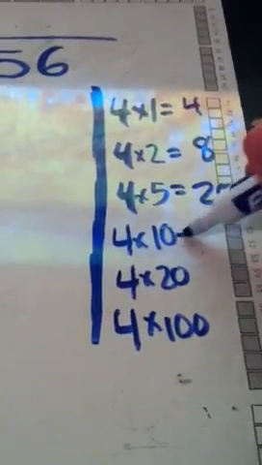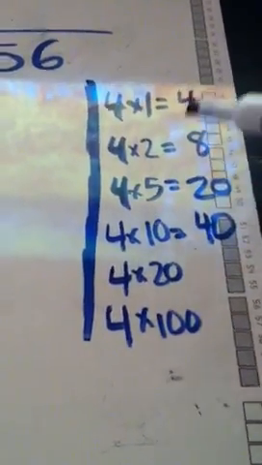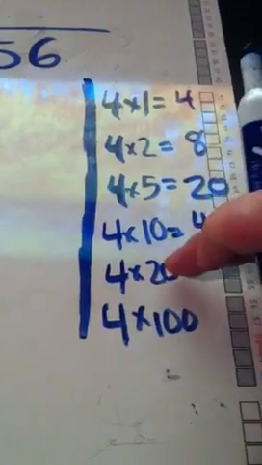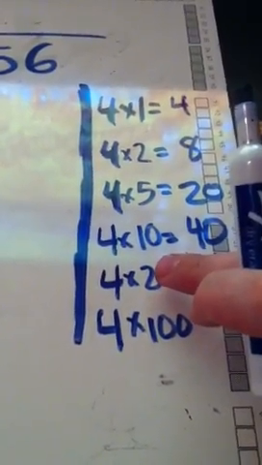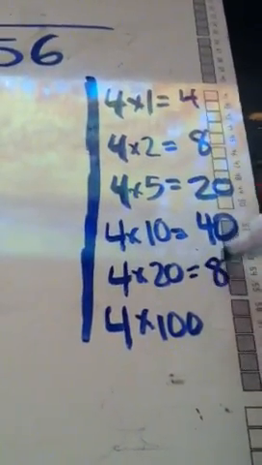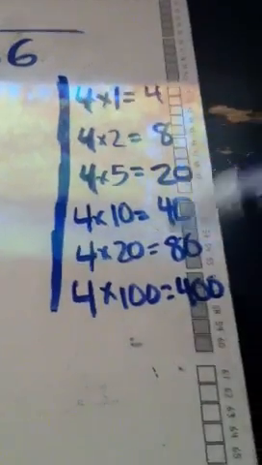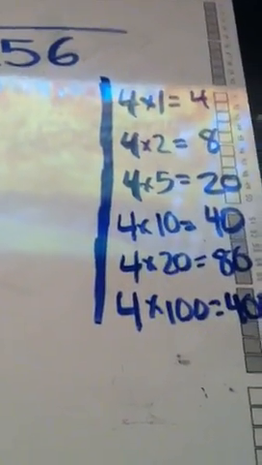The only one that's ever tricky for anybody is 4 times 20, or whatever you're dividing by. The way I always think about it is I cover up the 0 and do 4 times 2 is 8 and then add back that 0. So it's 80 if you have trouble with that one. If not, you're awesome. And then down here you have 4 times 100 equals 400.